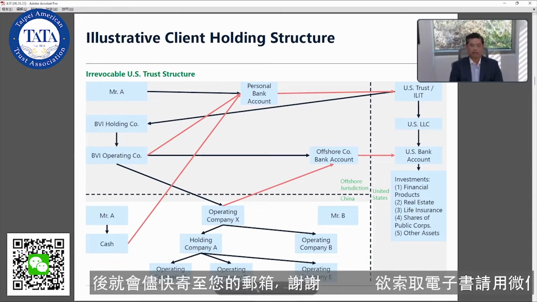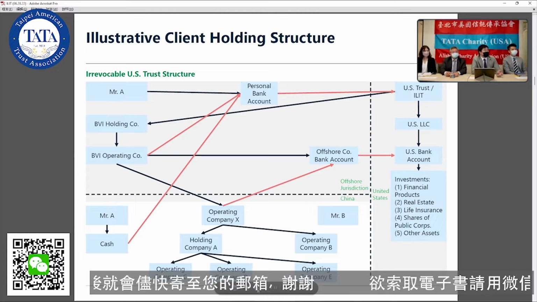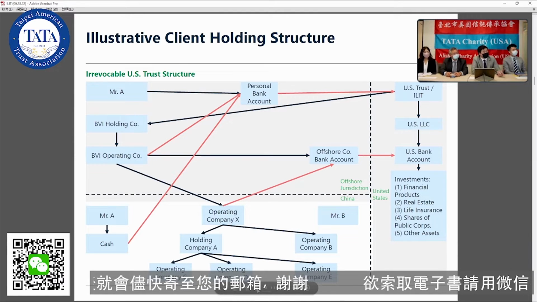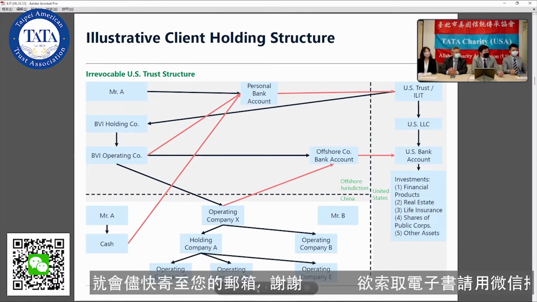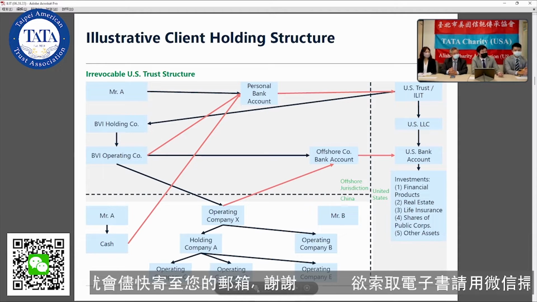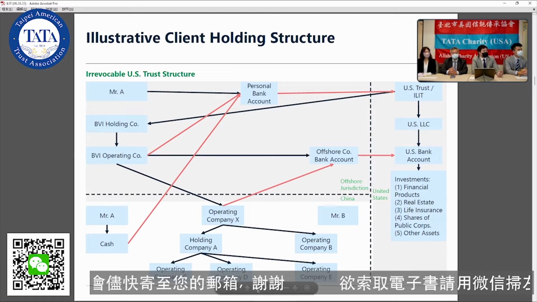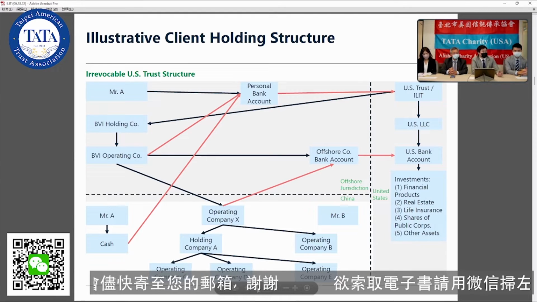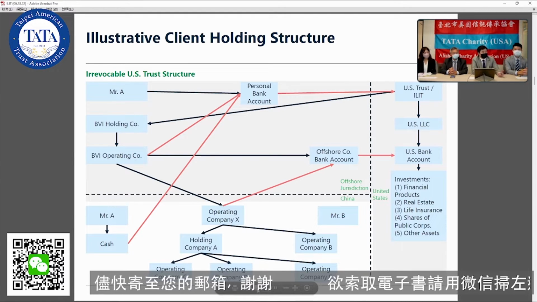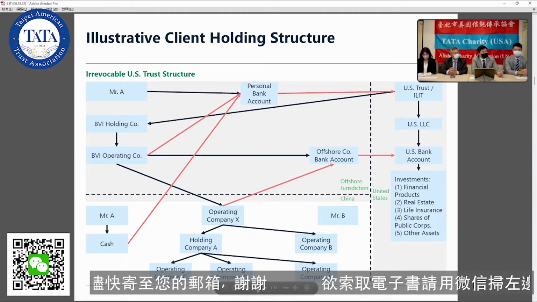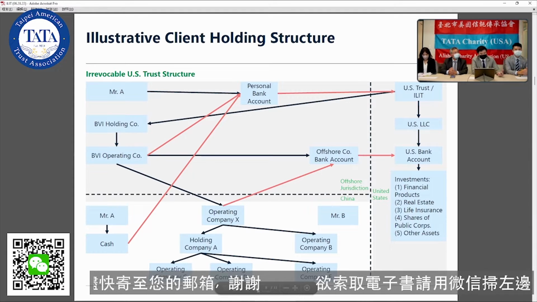The next slide with the solid lines is our sample illustrative client holding structure. Essentially, we'll use a variety of US trusts to hold offshore companies that hold Chinese companies. That would usually be a revocable trust. And then an irrevocable trust would hold US LLCs or life insurance policies directly.